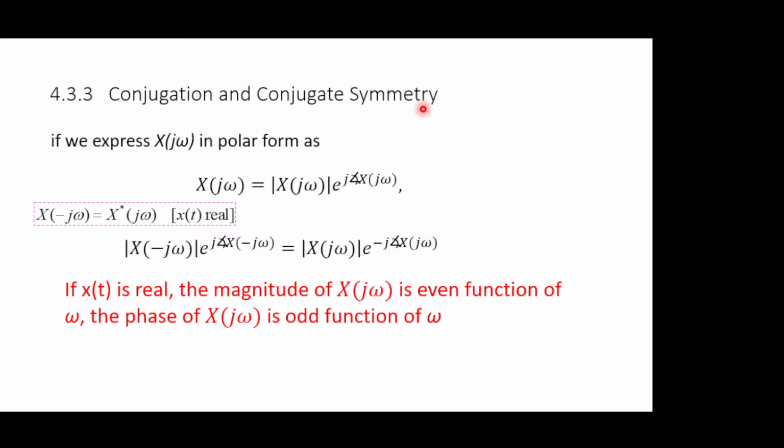The norm will be the same, but when you do conjugation, you get a negative sign on your angle. You equate those two, and you see the norm doesn't change when you go from omega to minus omega. So the magnitude is an even function, and for the angle you get an extra negative sign. So the phase is the odd function. Something interesting.